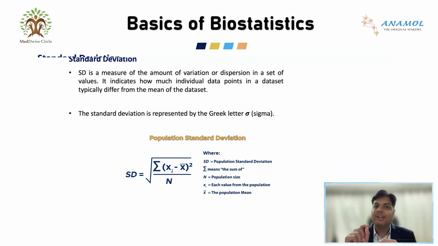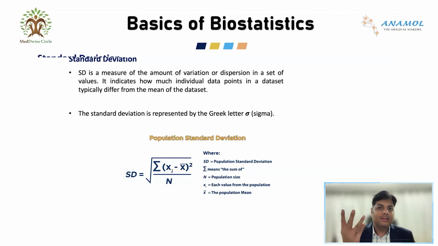If I calculate the mean, then the mean will come as 100. But how far away are the individual values from the mean? It is only 20. That means from 100, the lowest value is 100 minus 20 and the highest value is 100 plus 20. Now there is a second way of getting 100 also.